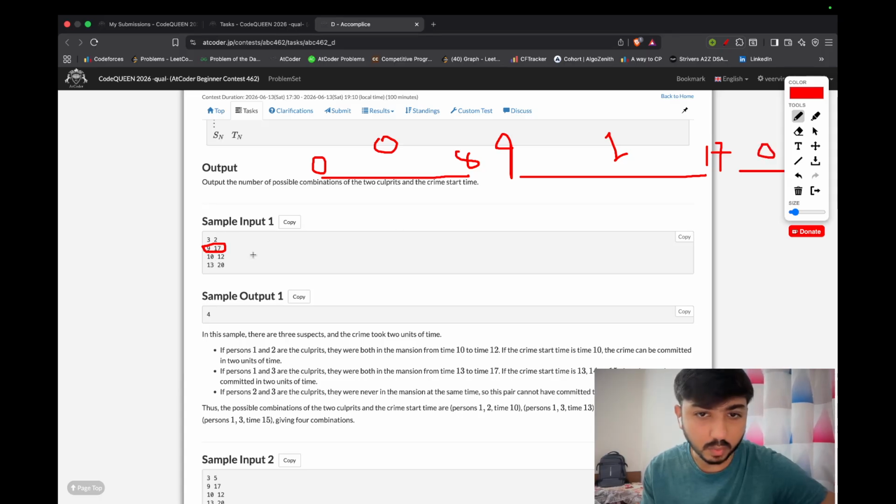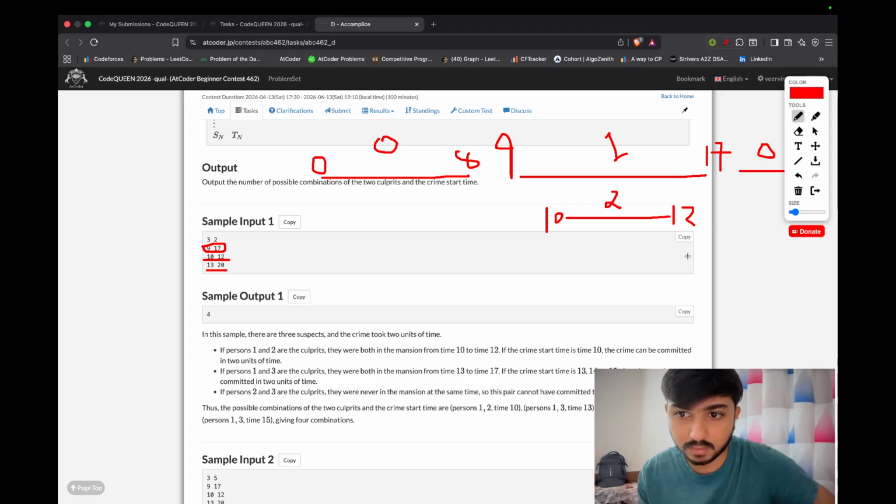Now it's 10 to 12, so from 10 till 12 I will do plus 1, and there's already a 1, so it becomes 2. Rest everything is as it is. And from 13 to 17 I will do plus 1, and it becomes 2 here. From 17 to 20, everything is 0 initially, and I will do plus 1.